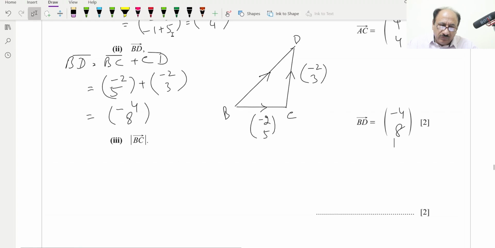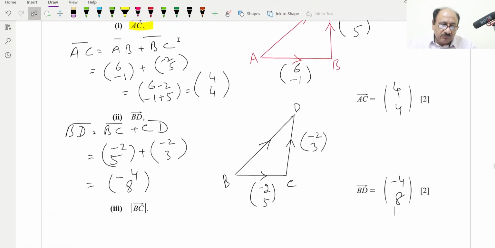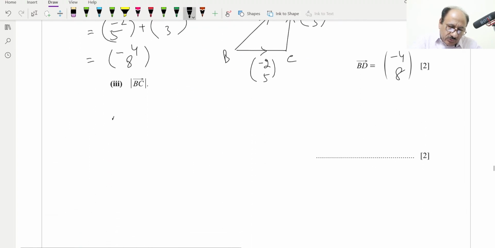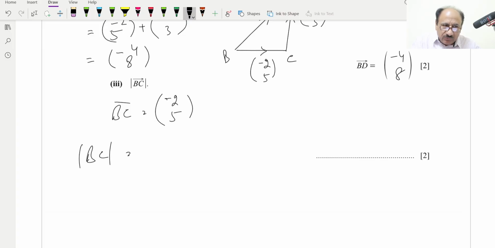BC magnitude, we know BC is provided, which is minus 2 and 5. So our BC vector is equal to minus 2 and 5. And for magnitude, we know x value squared plus y value squared, and we have to take the root of these two values.